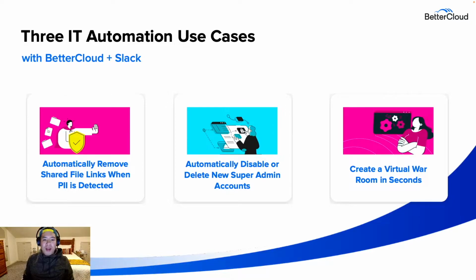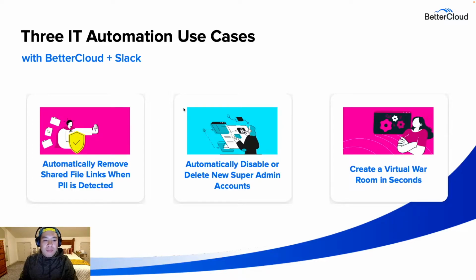We're going to talk about how you can automatically disable or delete new super admin accounts when people get a little crazy and start giving admin access willy-nilly. And finally, we'll talk about how you can use an automated workflow to build a virtual war room in just a couple seconds to take immediate action on an incident that needs to be remedied ASAP.